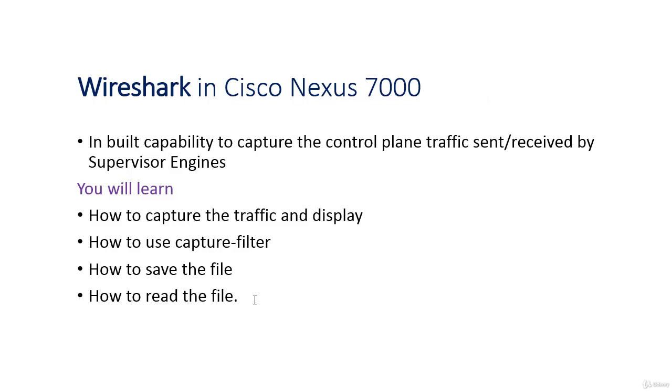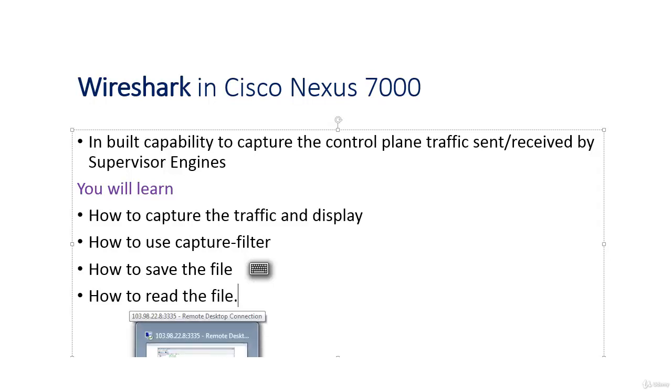So you will learn how to capture the traffic and display it, how to use capture filter, how to save the file on the boot flash or USB, whatever option you have, how to fetch that file, how to copy it. Okay, and you'll also learn about the regular expressions that I use. The expressions while capturing the traffic will be different when displaying the traffic once it is captured.